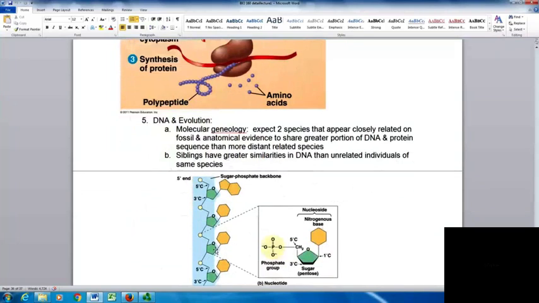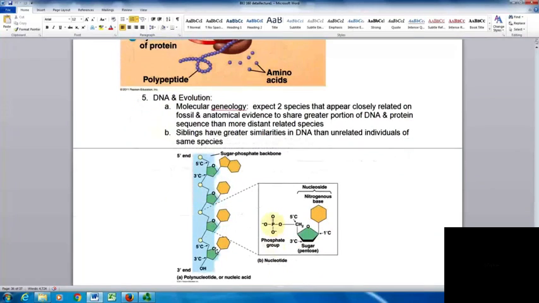When we look at DNA and evolution, remember Darwin did not understand the structure of DNA. He didn't know that DNA was our genetic material. Molecular genealogy says you would expect 2 species that appear closely related in fossil and anatomical records to share a greater portion of DNA and protein sequences.